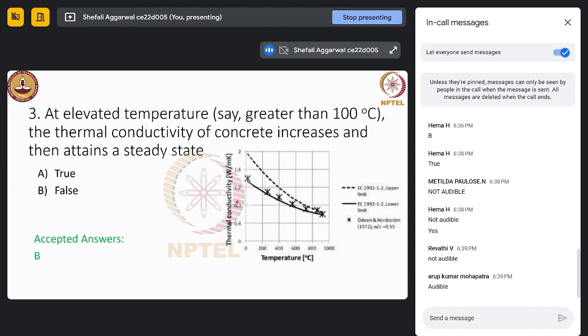Am I audible or not? Audible. Okay. So with increasing temperature, our thermal conductivity, as you can see, is inversely proportional to the temperature, right? So with increasing temperature, conductivity will decrease. It won't increase, right? Is it clear to everyone?